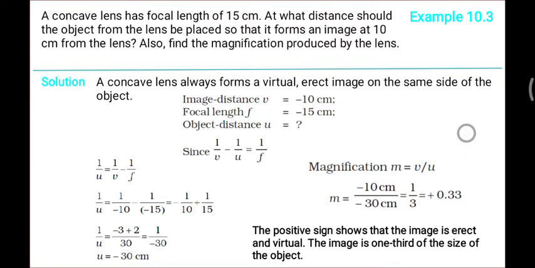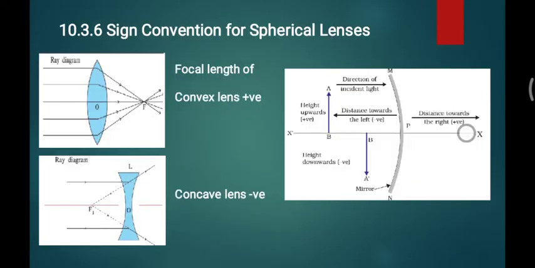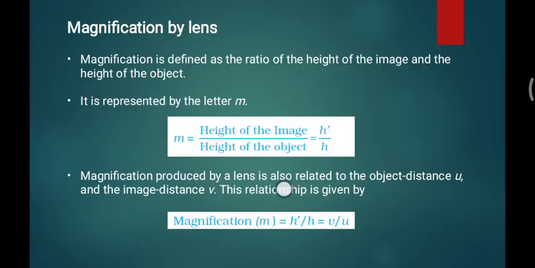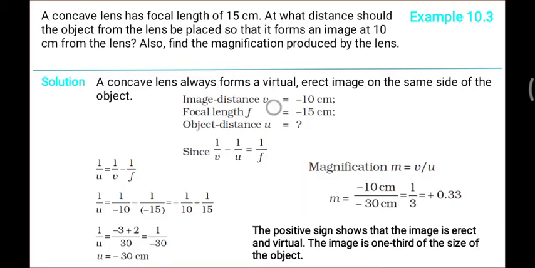In a concave lens, whatever image is formed is virtual and erect, and it is on the left of the optical center. So on the left of the optical center the distances are negative, that's why we are putting the negative.